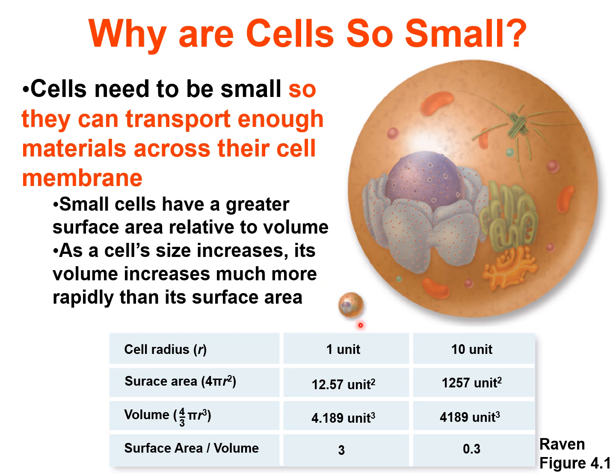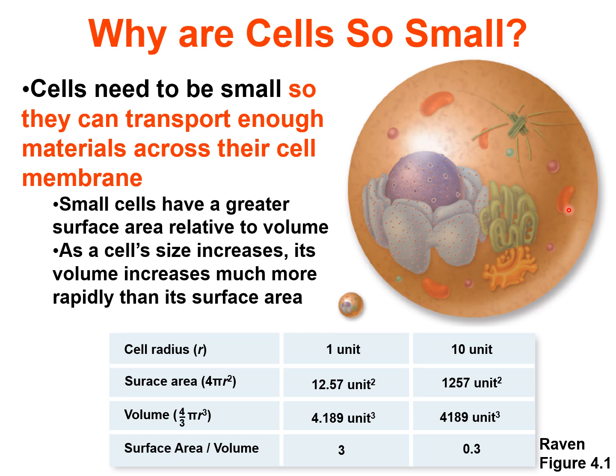alive. And if you have a larger cell, as the cell grows larger, the volume of stuff inside the cell is going to grow at a faster rate than the surface area of the cell will. And so that means that you're not going to be able to transport enough stuff in and out of the cell to keep the larger volume of this large cell alive.